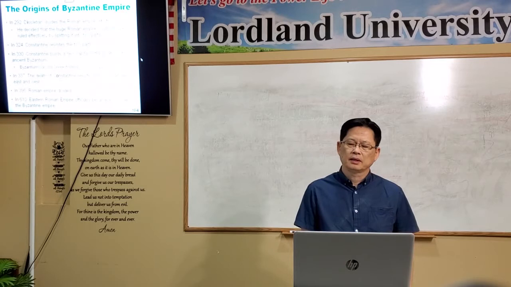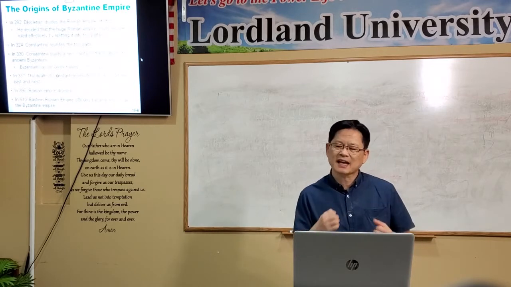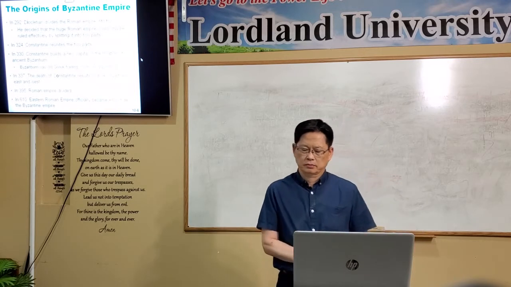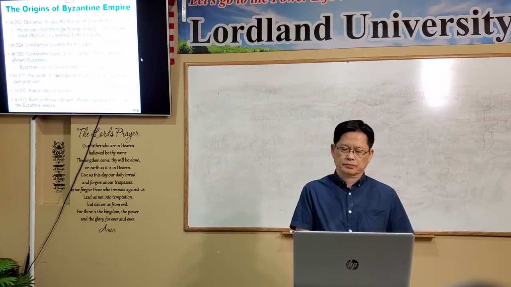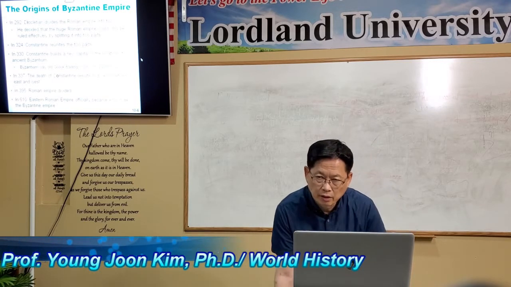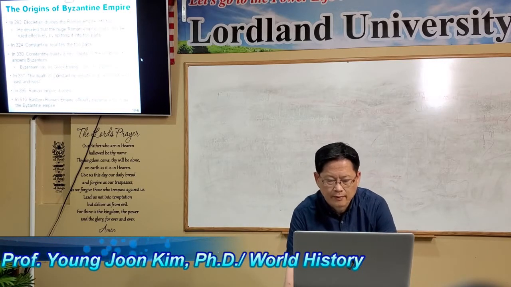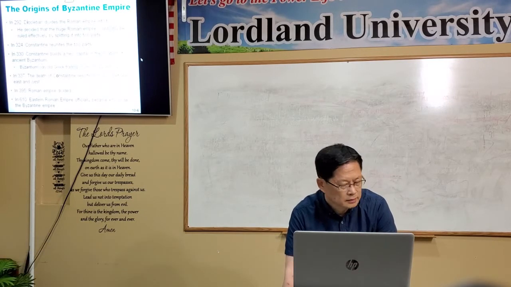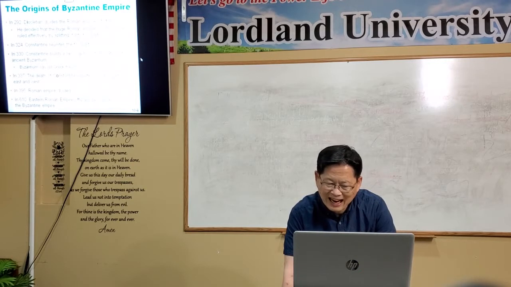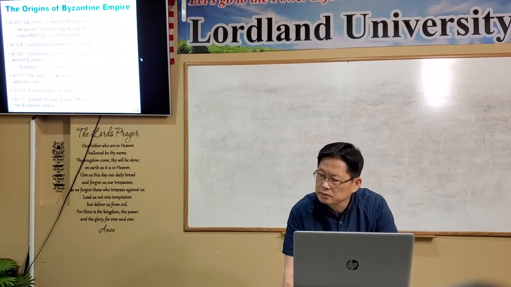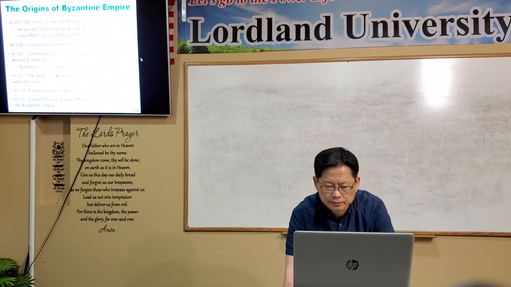Emperor Diocletian decided that separation. In 324, Emperor Constantine reunited the two parts, eastern and western.